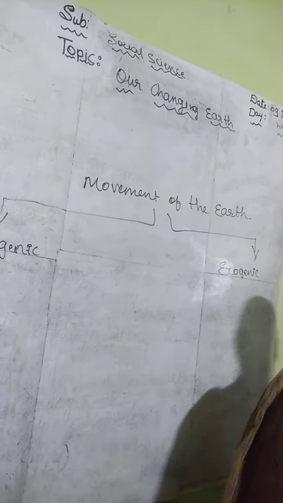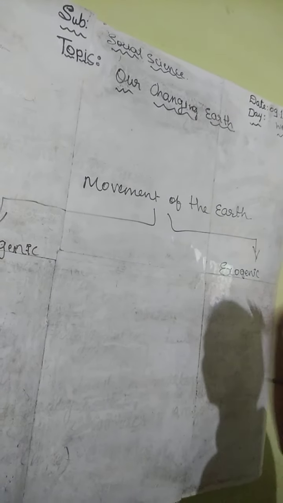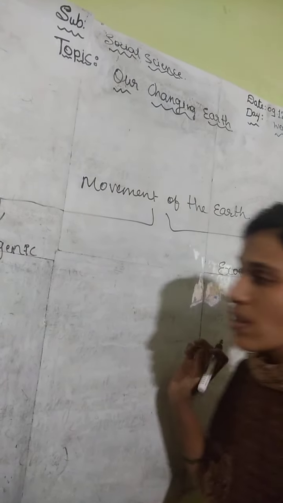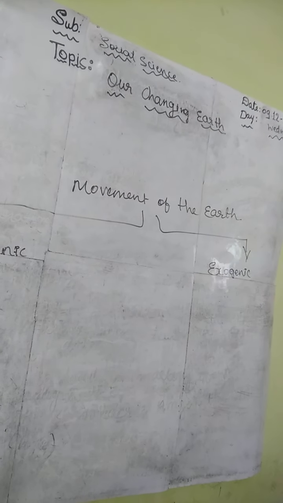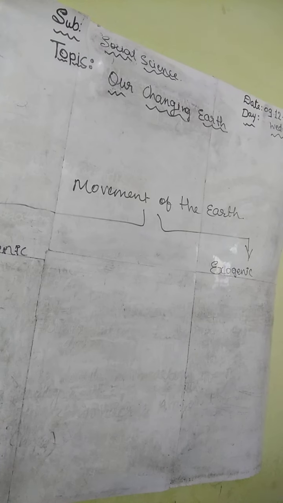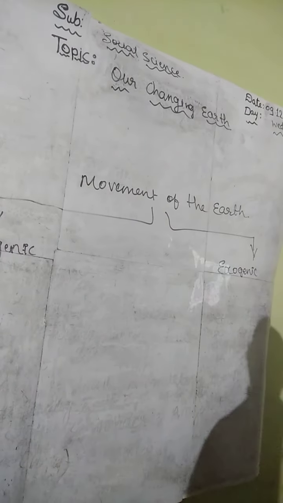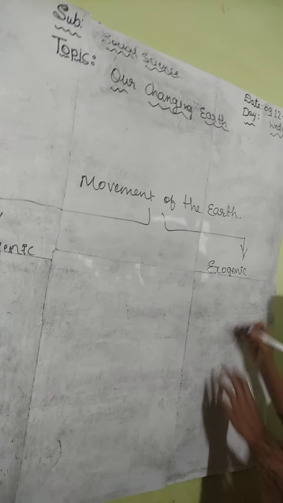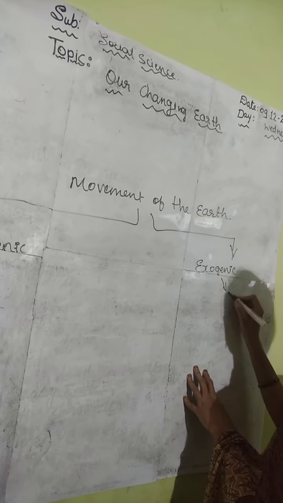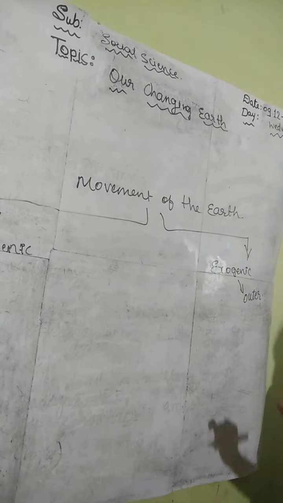So what is endogenic and what is exogenic? Endo means under, and exogenic means outer.